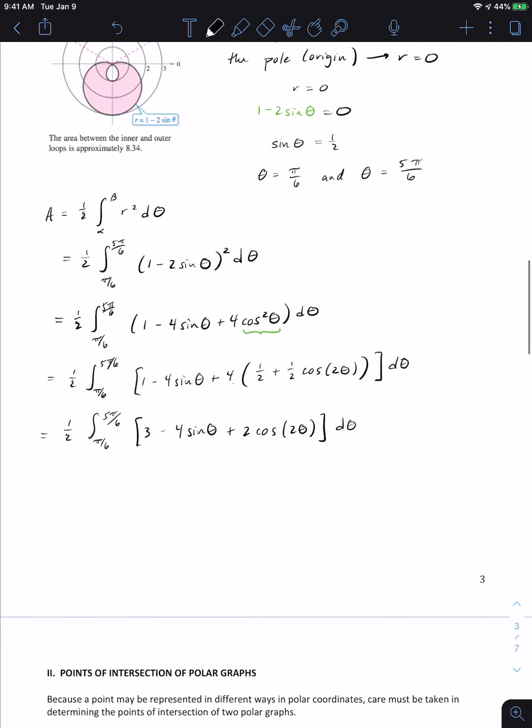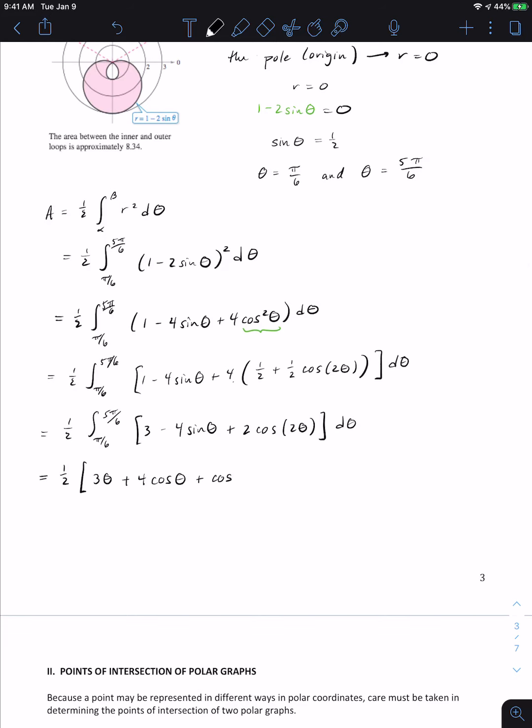And then we integrate, so 1/2 times 3 theta. The antiderivative of sine is negative cosine, so this ends up being plus 4 cosine of theta. And then this ends up being positive because the antiderivative of cosine is positive sine, and I would take 2 but divide by 2 because of that 2 on the inside.